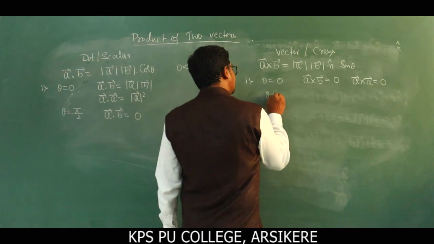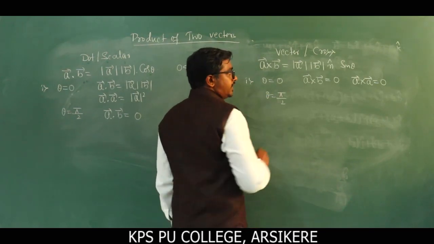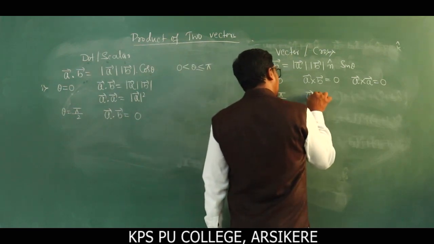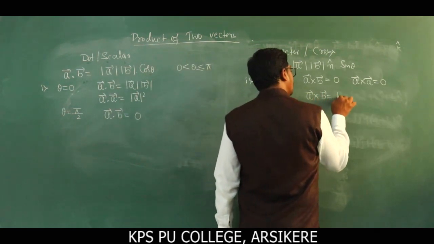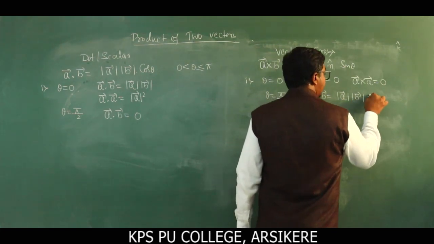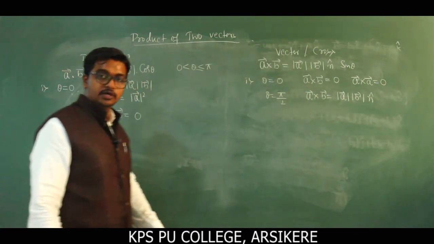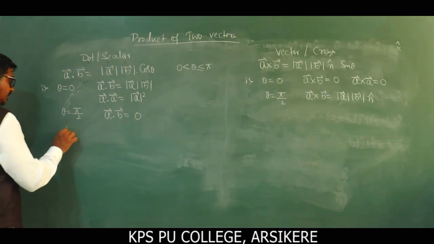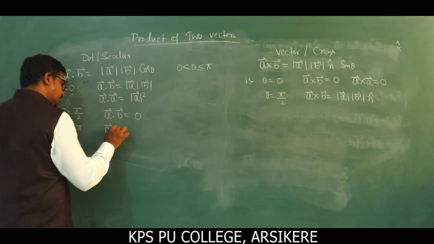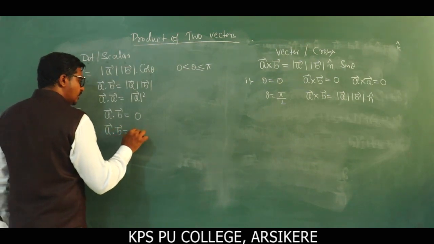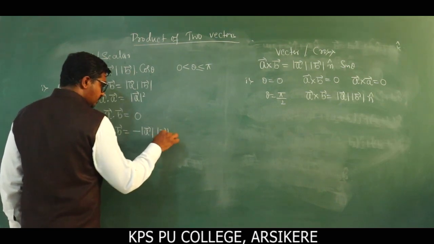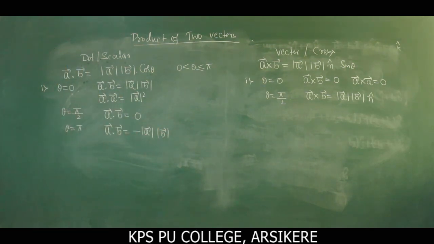When theta is equal to pi by 2, sin pi by 2 is 1. Vector A cross vector B is equal to magnitude of vector A into magnitude of vector B into n cap, because sin pi by 2 becomes 1. When theta is equal to pi, vector A dot B is equal to minus magnitude of vector A into magnitude of vector B, because cos of pi becomes minus 1.